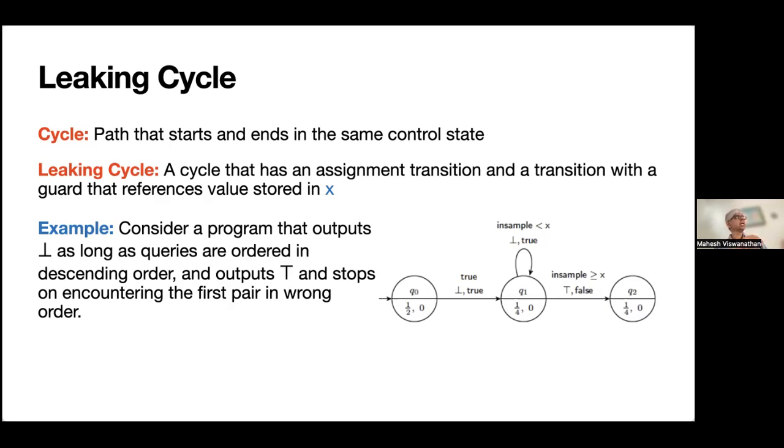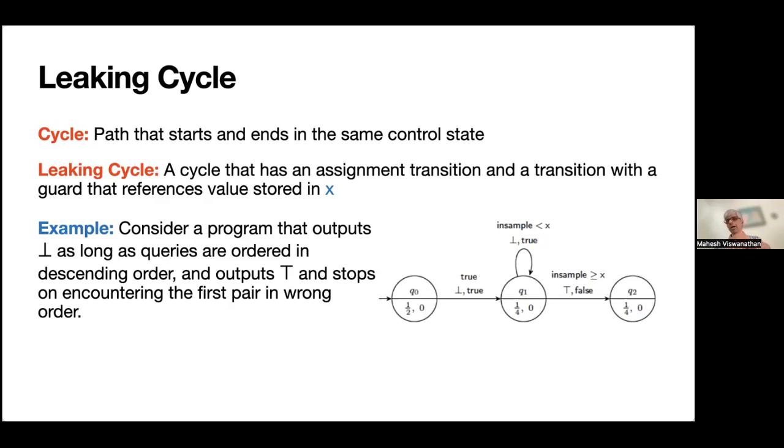As soon as it finds the first position where that ordering condition is violated, it outputs the index of that position. The way to do this potentially in a differentially private manner is you read an input number, perturb it, remember it, read the next input number, perturb it, and compare the perturbed input numbers. If they're in the right order, continue.